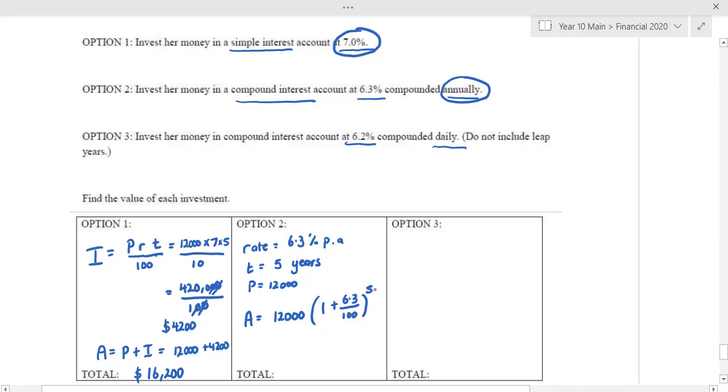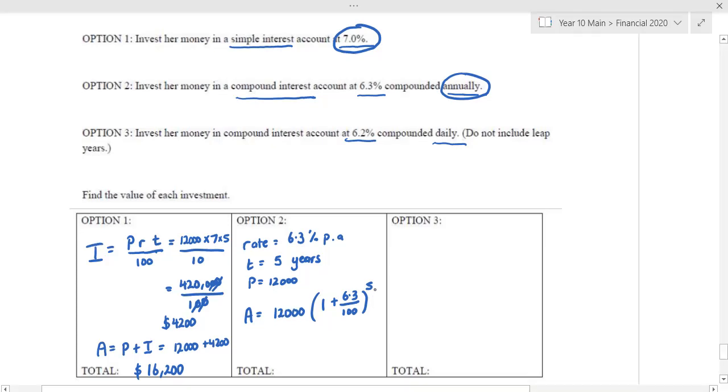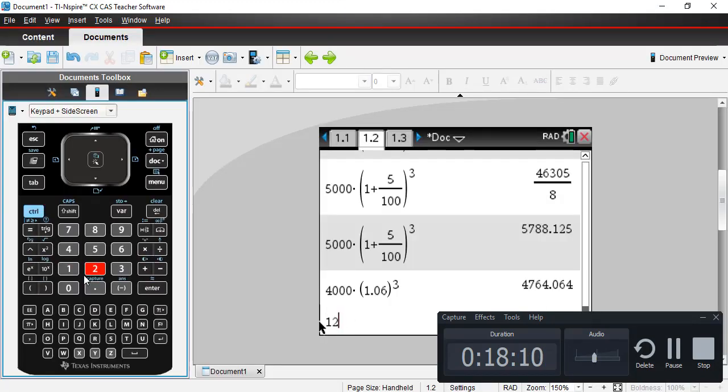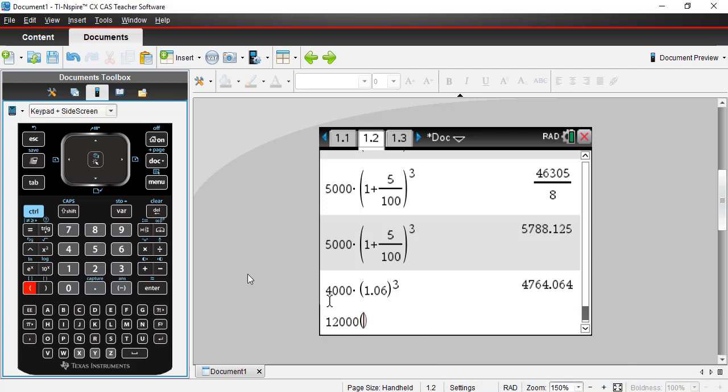So this is the simpler one because everything's in years, so we can just go ahead and put it straight into the compound interest formula. Now, let's do that in a calculator. You can just do it straight like this. You don't even have to convert this to a decimal if you use the CAS calculator properly. So we're looking at 12,000, and then we're multiplying that by 1 plus.